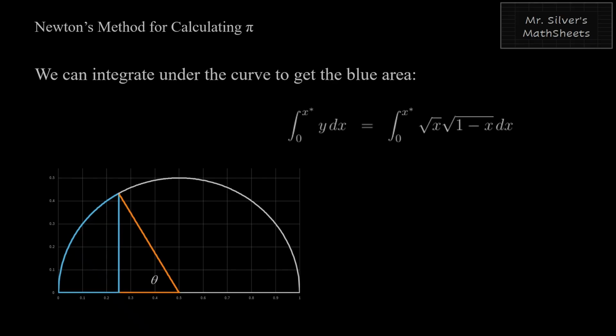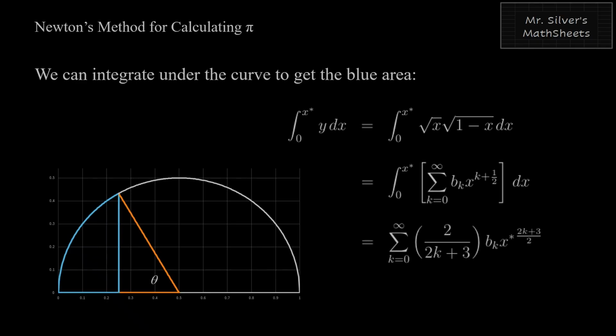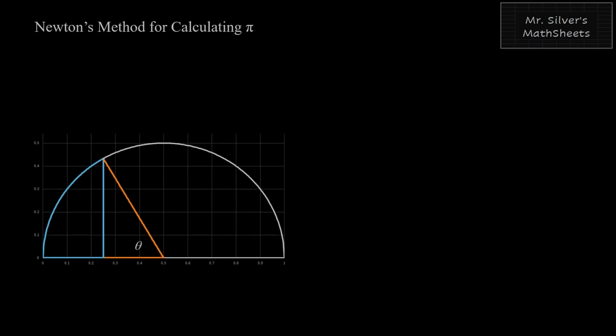So we'll integrate this expression, x to the 1/2 times the square root of 1 minus x, and we'll put in that series substitution and we'll get these expressions. And the coefficient is 2 over 2k plus 3.